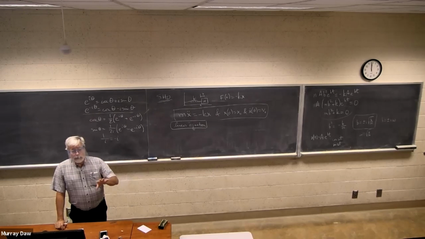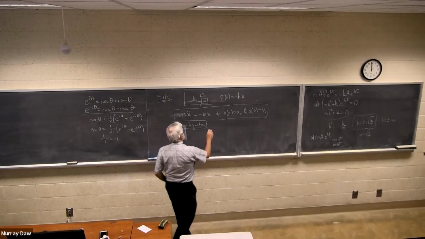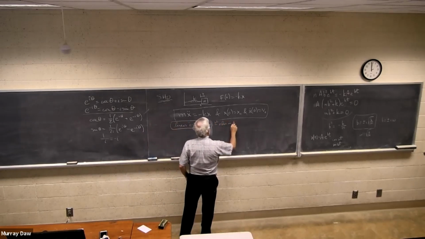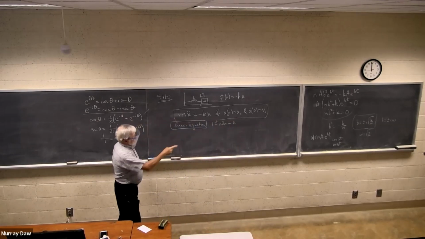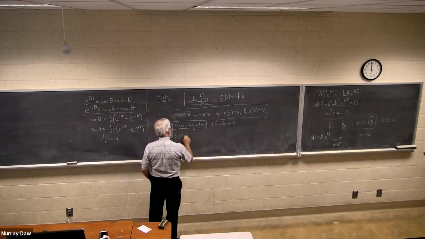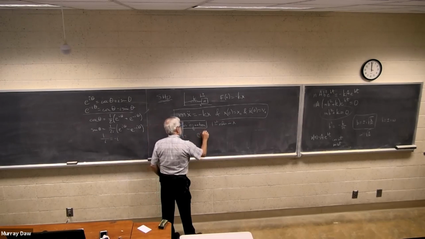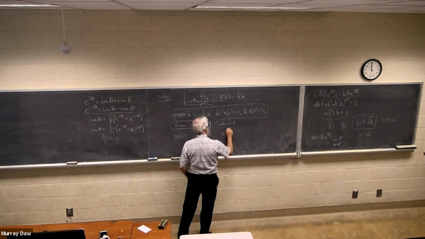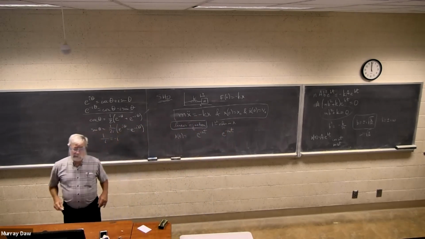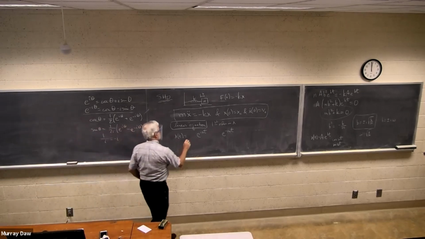There's no X times X dot, because that would be second order in X. So everything in this equation is first order in X. Okay, and so we have two different solutions here. We have e to the i omega t, and we have e to the minus i omega t. Both of them are possible solutions.